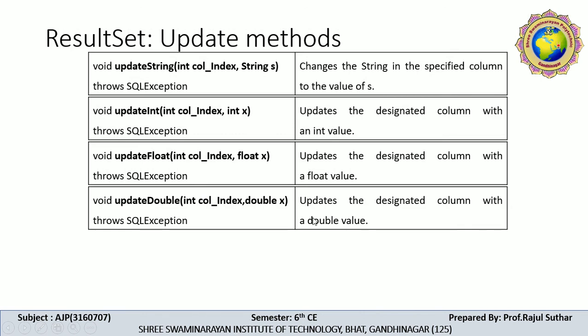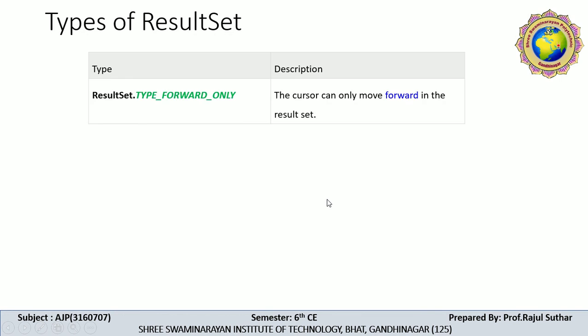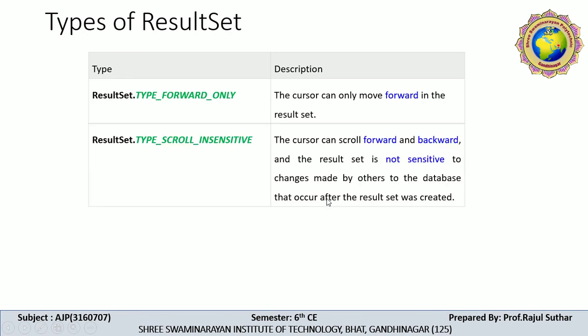Here are the types of ResultSet. TYPE_FORWARD_ONLY: the cursor can only move forward in the result set. This is the restriction.